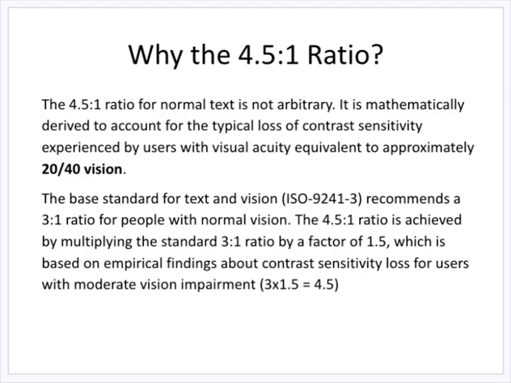The base standard for text and vision recommends a 3 to 1 ratio for people with normal vision. So the 4.5 to 1 ratio is achieved by multiplying the standard 3 to 1 ratio by a factor of 1.5, which is based on empirical findings about contrast sensitivity loss for users with moderate vision impairment. So 3 times 1.5 becomes 4.5.